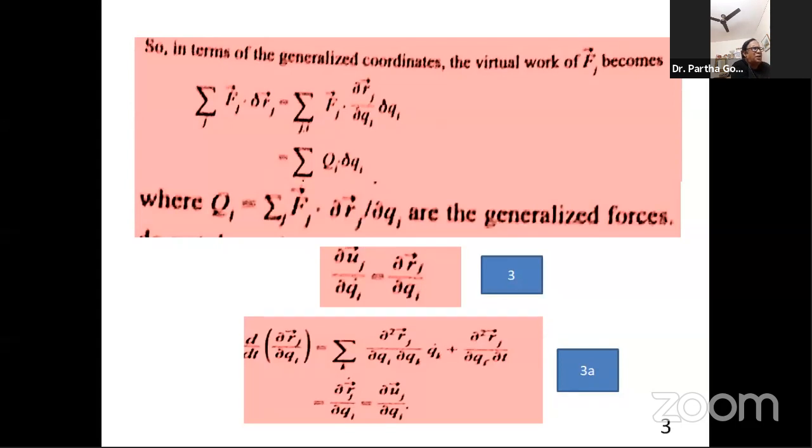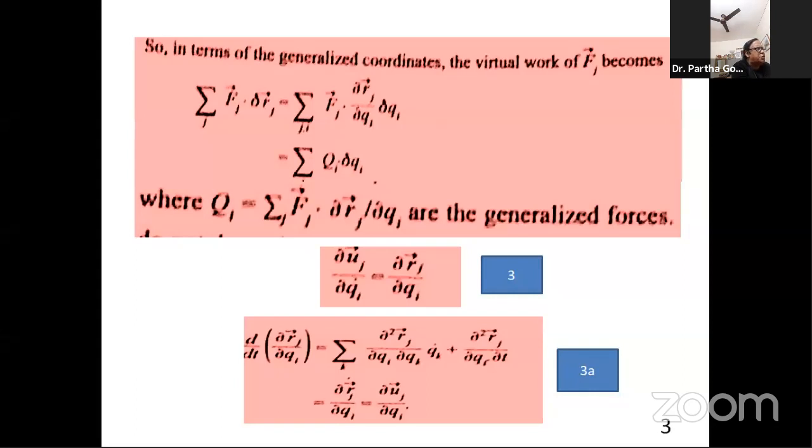This is all mathematical description. Why? Because delta rj by delta t will be rj dot, and delta q is already there. Rj dot is nothing but uj. So one gets finally the right hand side as delta uj by delta q.